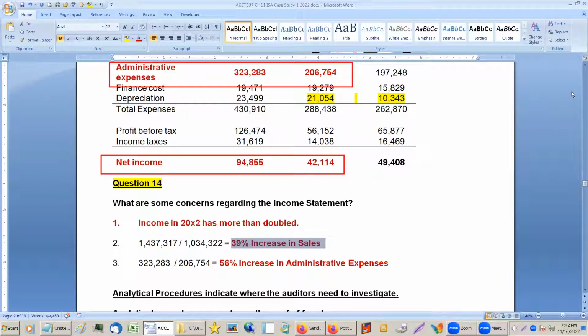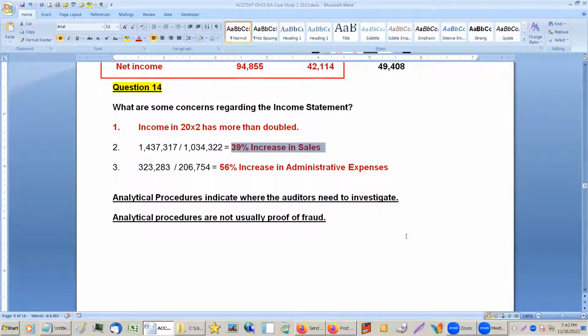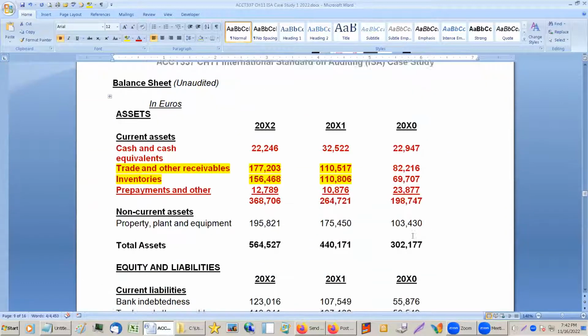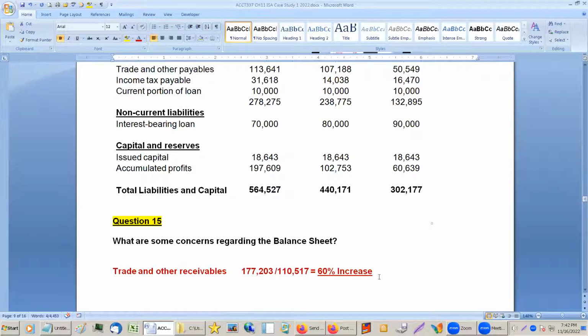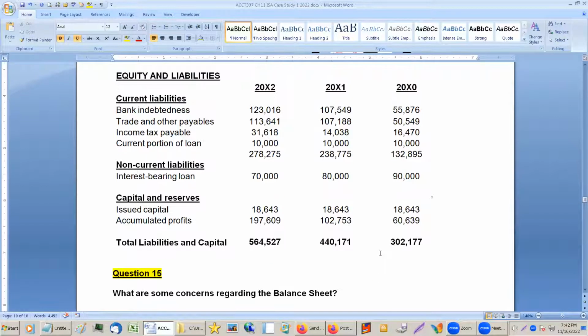So the increase in those accounts receivable, the accounts that have not been collected, is 20% more than the increase in sales.